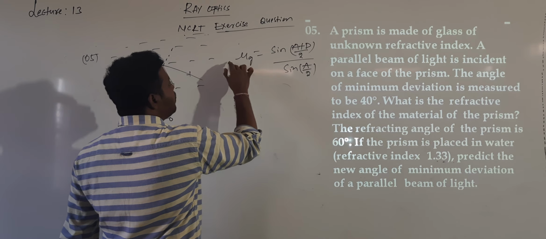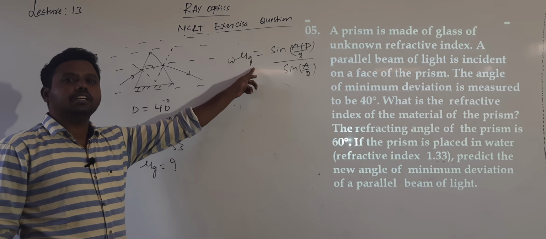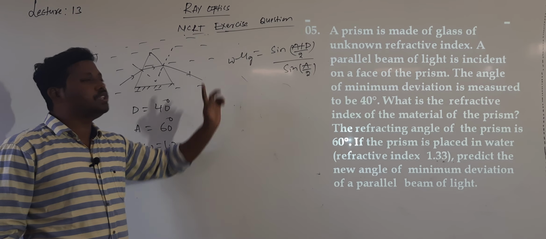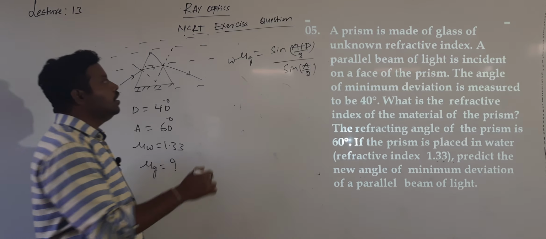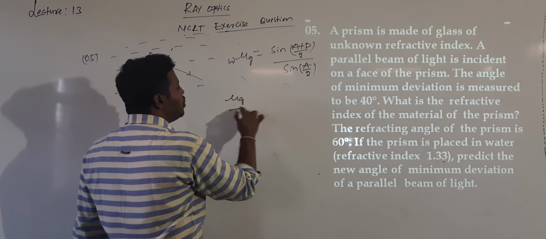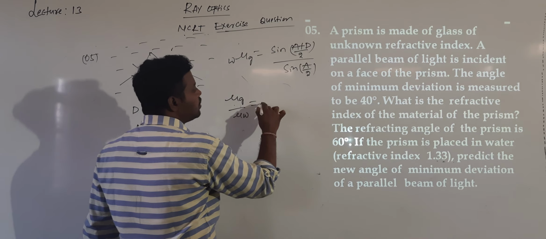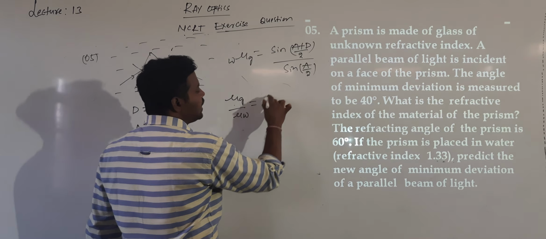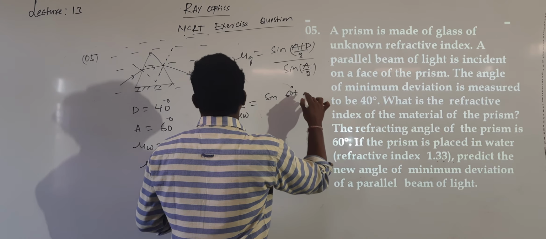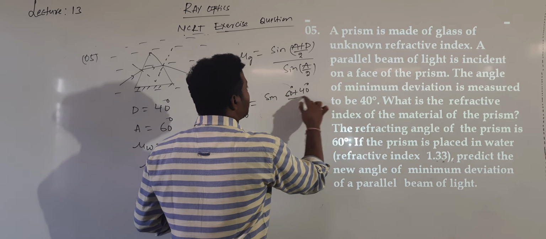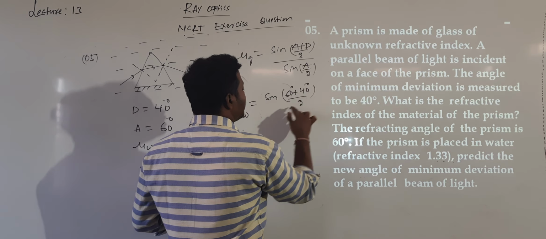When it is in air, the absolute refractive index is mu G. When it is in water, it is mu G by mu W. So then mu G by mu W will be equal to sin of, A value how much? 60, plus D value how much? 40, by 2. Okay? By sin A by 2.